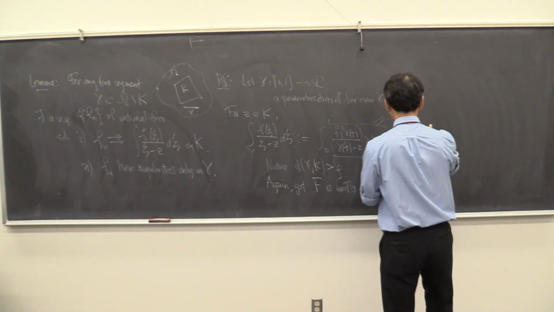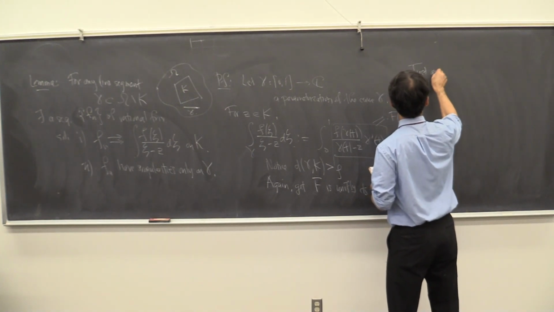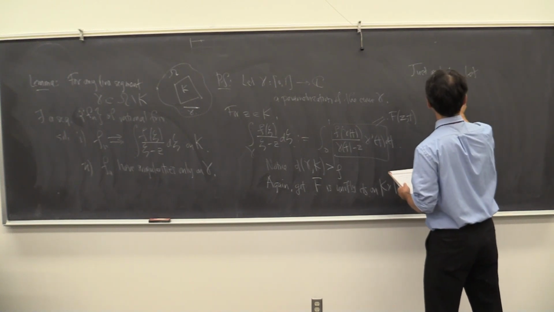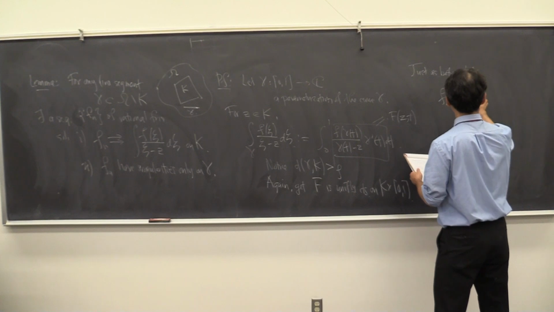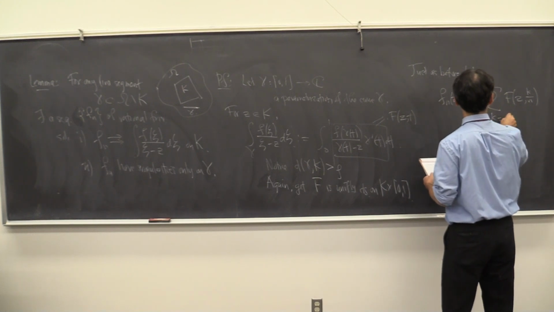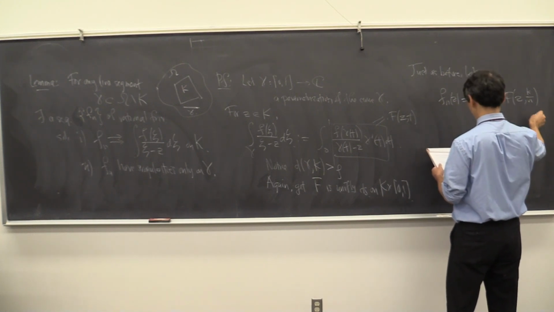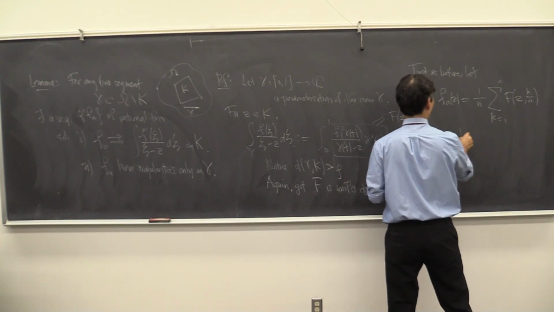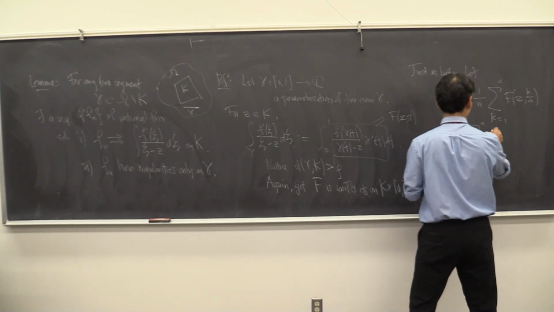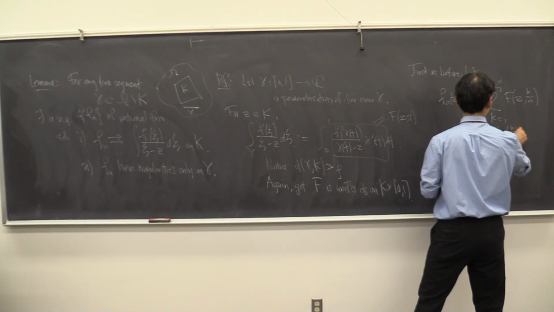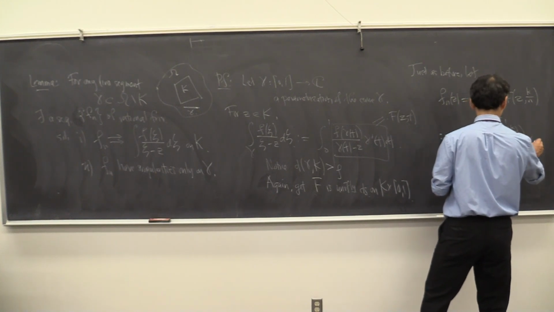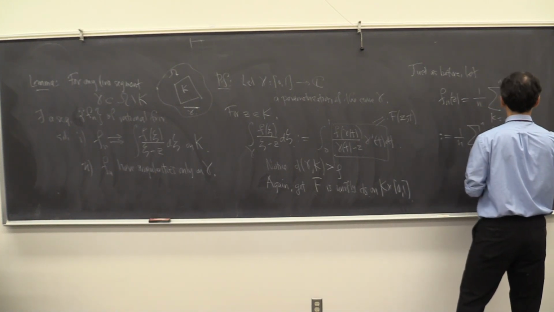Just as before, we let f sub n of z be these averages: the sum over k from 1 to n of f of gamma k over n, over gamma k over n minus z, times gamma prime k over n.